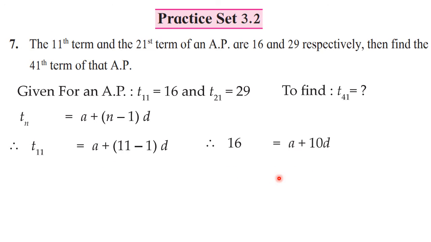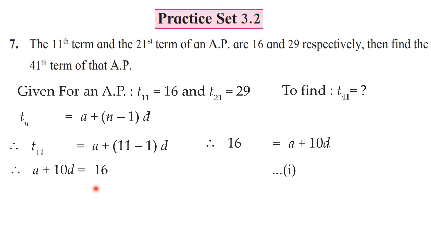If we write it properly, we can write it as equation 1: A plus 10D is equal to 16. Now we are going towards our chapter number 1, linear equations in two variables. What we can observe is this is a linear equation in two variables, and the variables are A and D respectively.